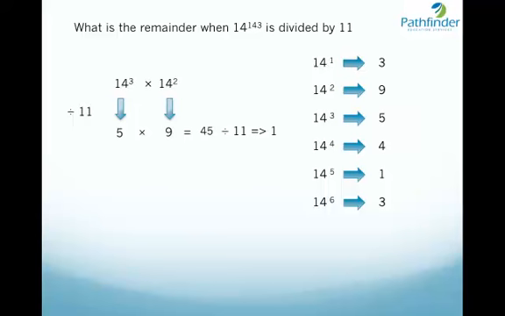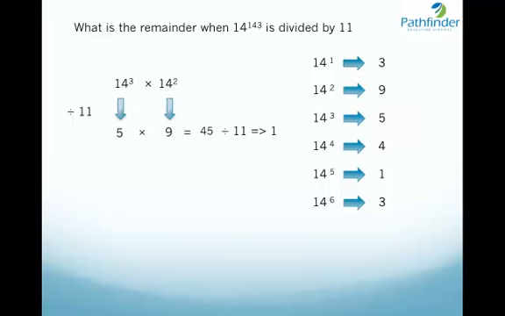Now remember, whenever we are calculating remainders of different powers of a number, the moment we obtain 1 in the sequence of remainders, you assume that for the next power, the remainder is going to repeat. In this case, 14 to the power of 5 divided by 11 obtained a remainder of 1.